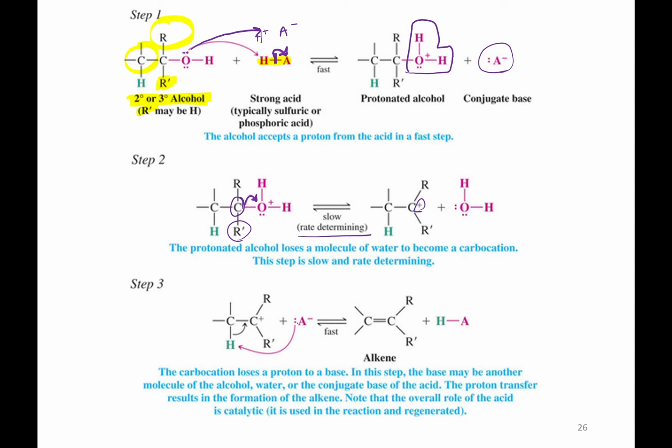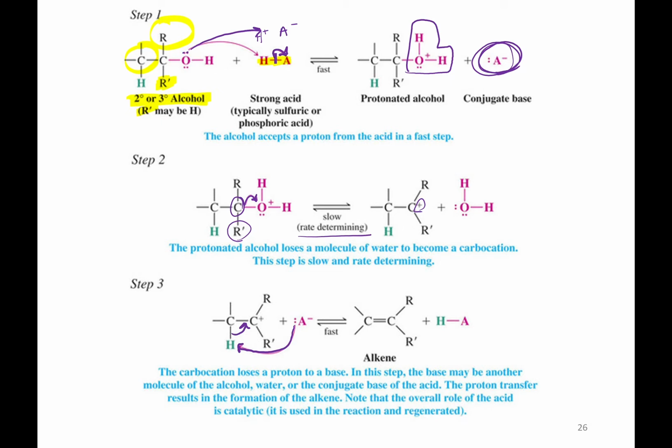Once that happens, the A that was in solution, our conjugate base, is going to come back. The electrons that it has are going to grab a hydrogen from the nearby carbon, and that hydrogen is going to donate its electrons back, forming that double bond. And that is how the process goes.